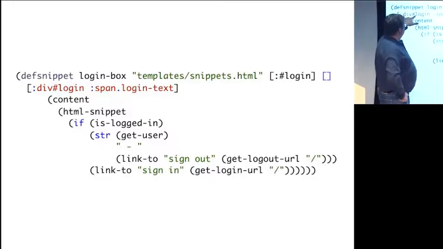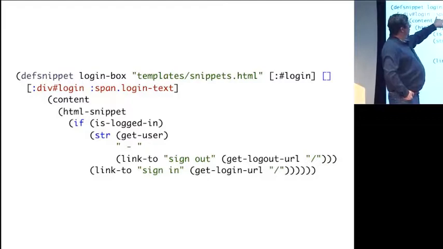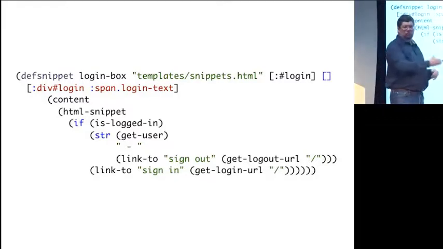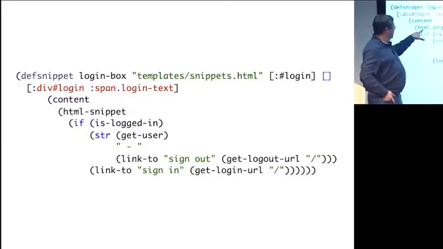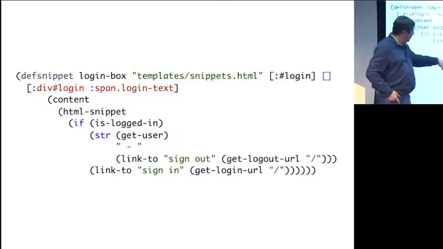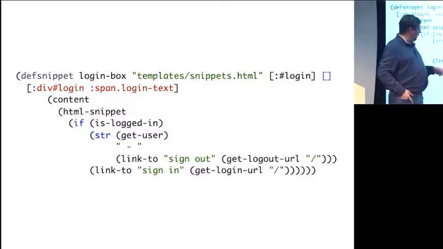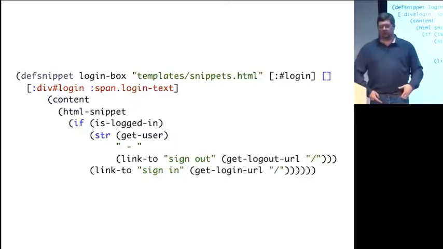You find the div with the ID of login, and within it the span with class login text. And Enlive has its own programmatic HTML generation library. Say replace the content with an HTML snippet, which is, if logged in, give a sign out link, and otherwise give a sign in link, same as before.